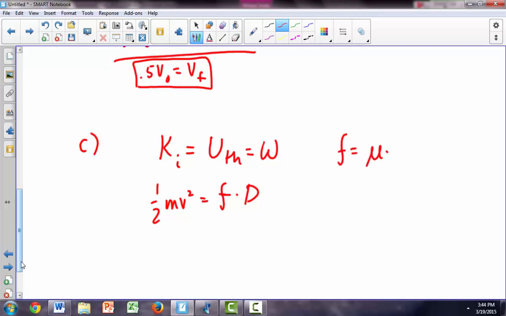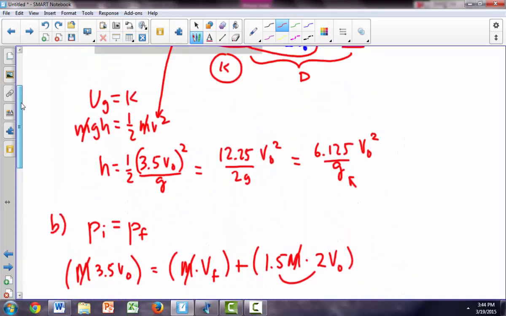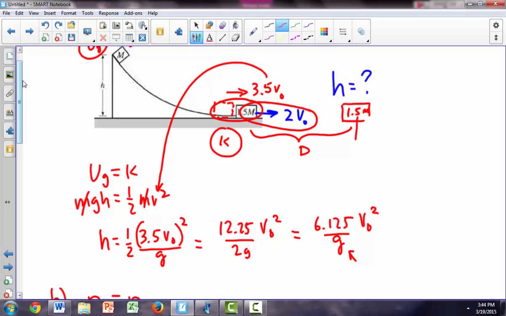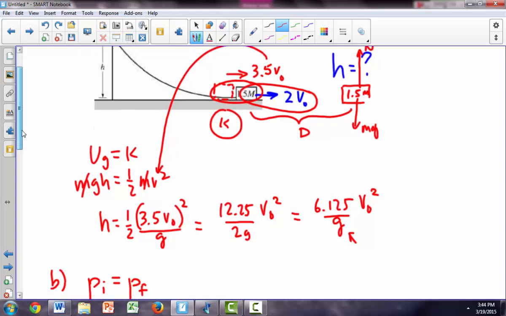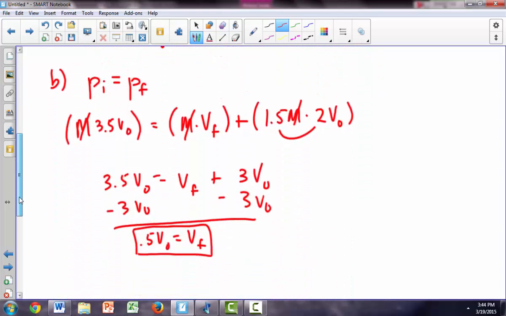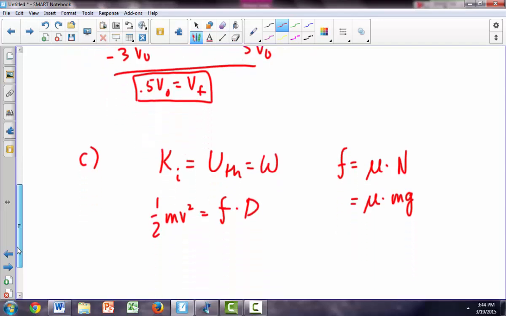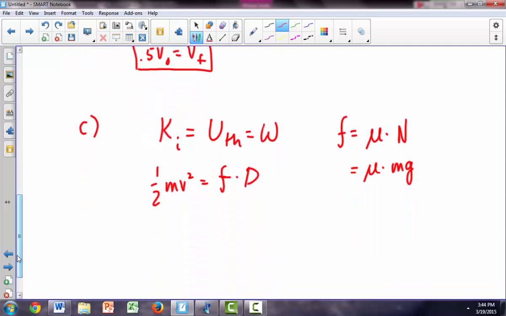Friction is mu times the normal force, which is mu times mg since we're on a flat surface. The normal force is going to be equal to the weight of the object. There's no vertical forces to increase or decrease the normal force. So mu mg is my force of friction.